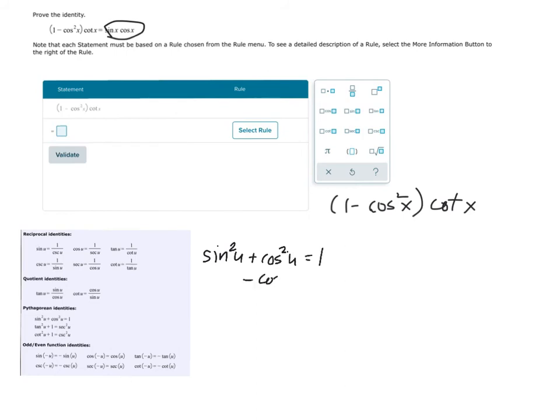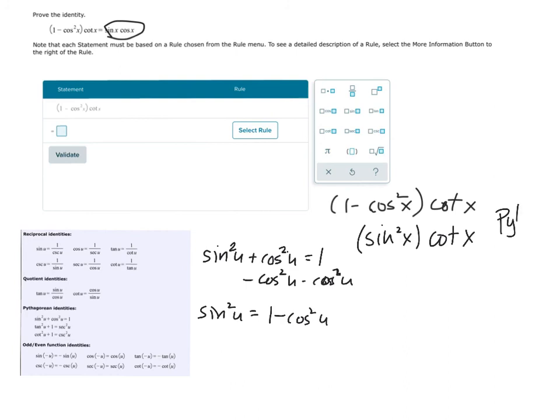If I subtract cosine squared u on both sides, you end up with sine squared u equals 1 minus cosine squared u. So 1 minus cosine squared x is the same thing as sine squared x. Right? Okay. So we got that. Now, that was the Pythagorean rule that we used.